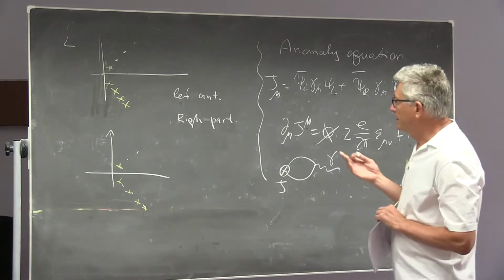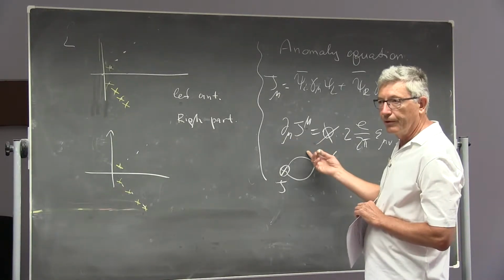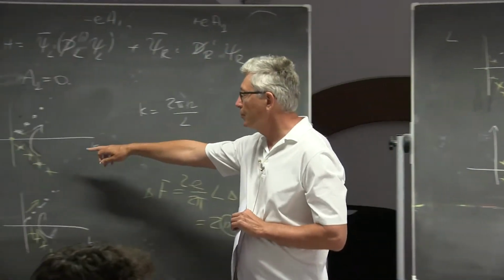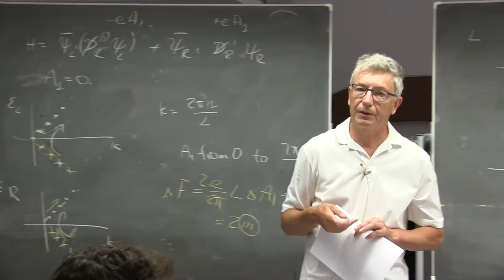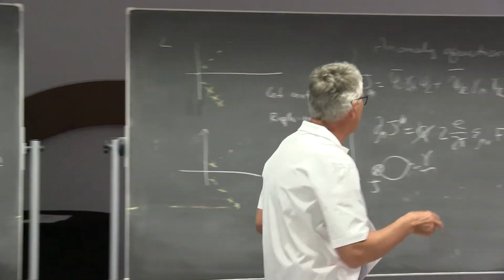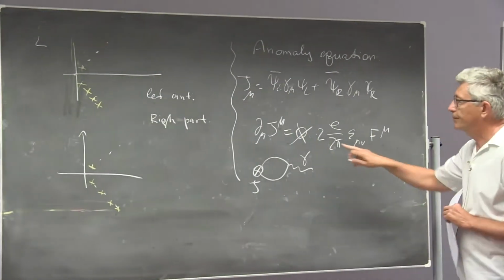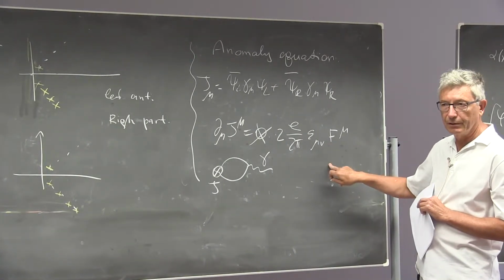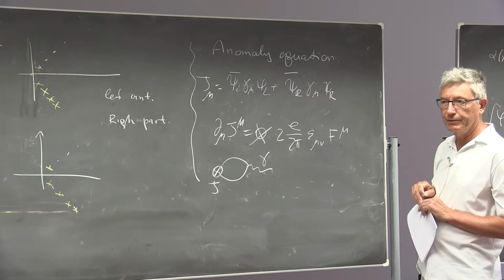And now you can do the following exercise. You can compute the change of fermionic current in this way, just looking at these pictures, looking at the way the different levels move, or you can compute the change of the fermionic current due to the anomaly equation just by integrating it, and you will get exactly the same answer.